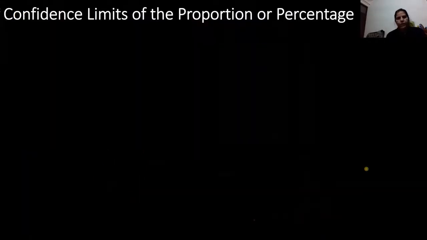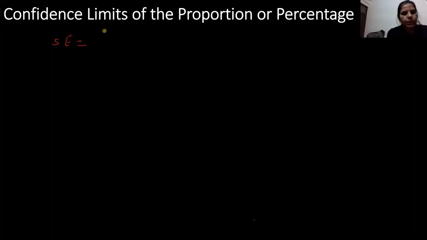If we are interested in calculating confidence limits for a proportion, this is also possible, but first, as usual, we need to calculate the standard error of the proportion, which can be calculated using this given expression: p(1 minus p) divided by n minus 1. From this sample, I'll take the population size.